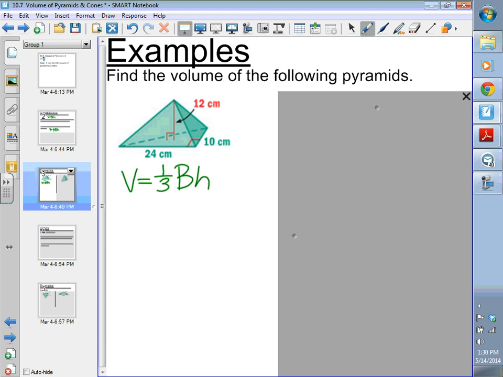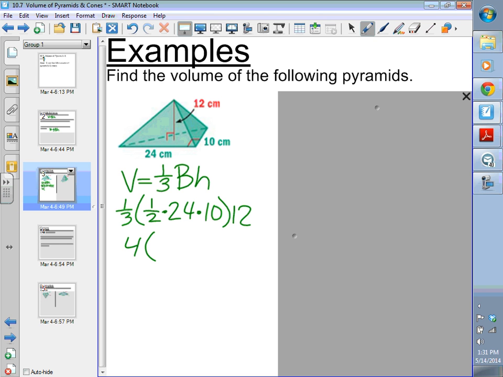Okay, so to find the area of the base, we're going to do 1/2 of 24 times 10 times the height of the pyramid, which is 12. 1/3 of 12 is 4.